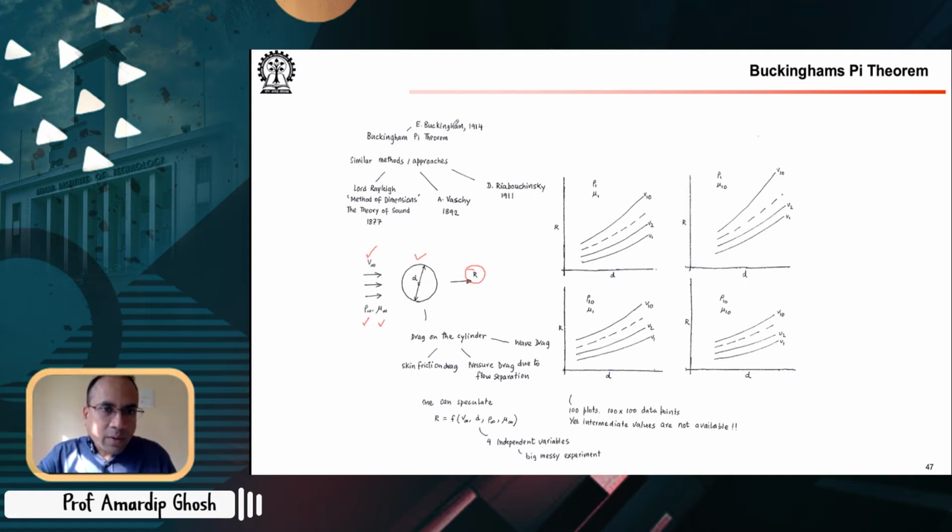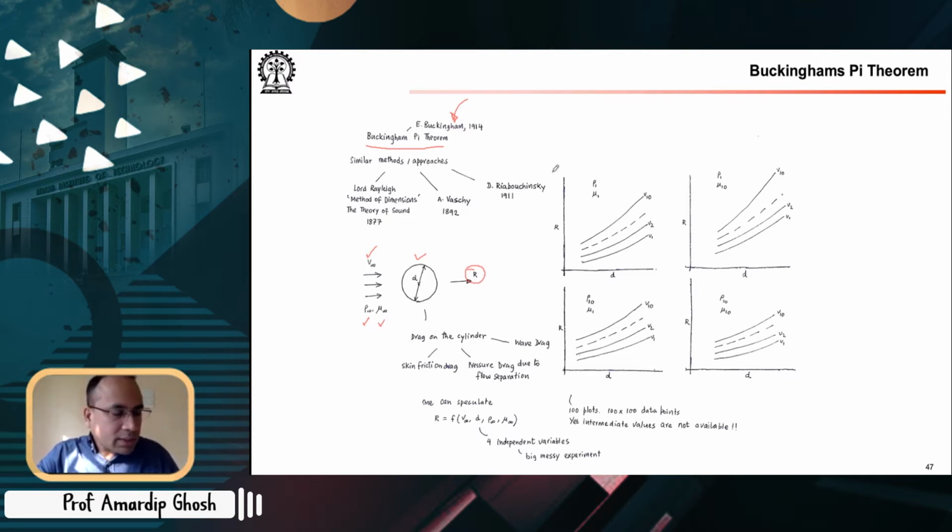Now, this method of Buckingham's Pi theorem, although attributed to Buckingham 1914, has been discussed by other researchers, famously Lord Rayleigh, who in his book The Theory of Sound discusses it as a part of the method of dimensions. Vaschy in 1892 has talked about dimensional analysis and something similar to this.